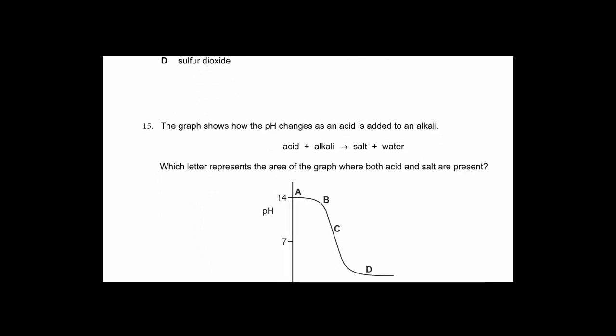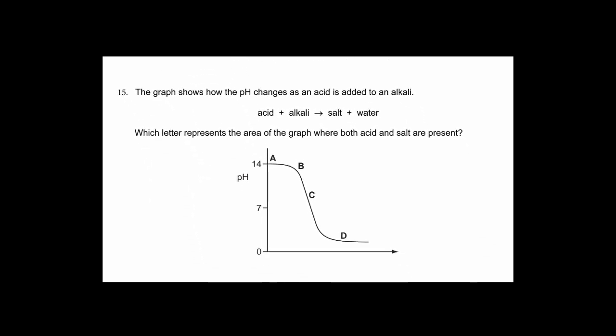We go to 15. The graph shows how the pH changes as an acid is added to an alkali. Now, my dear learners, here you need to realize that every time we are having an acid and an alkali reacting, a salt and water are formed. Now, the question will be, since this salt is going to be formed, what type of reaction will this be?